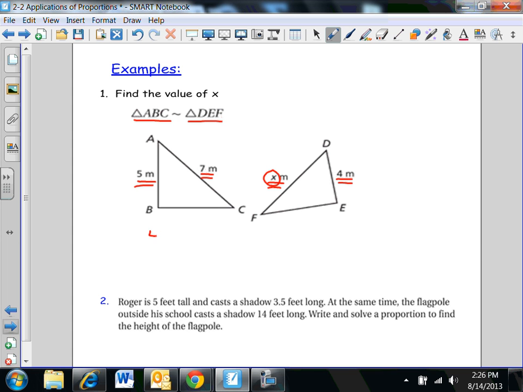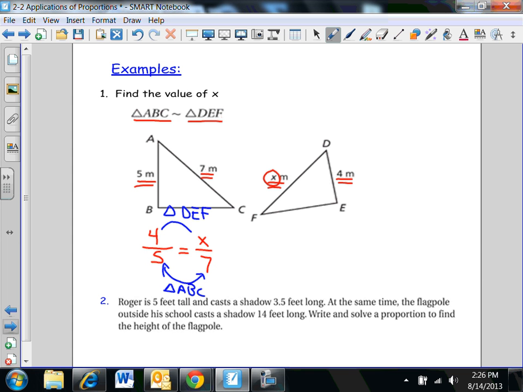I'm going to say 4 corresponds with 5 the same way that X corresponds with 7. As you can see, the bottom is represented by triangle ABC, and the top is represented by triangle DEF.